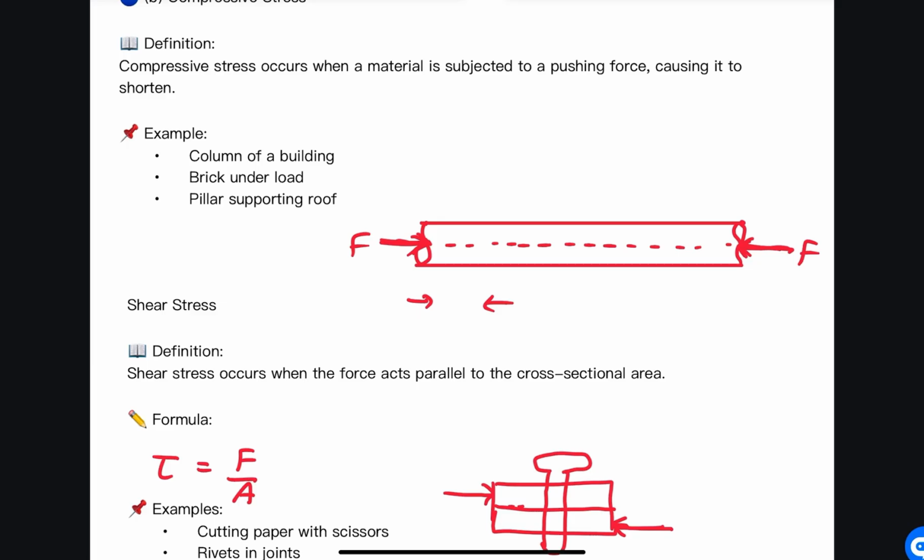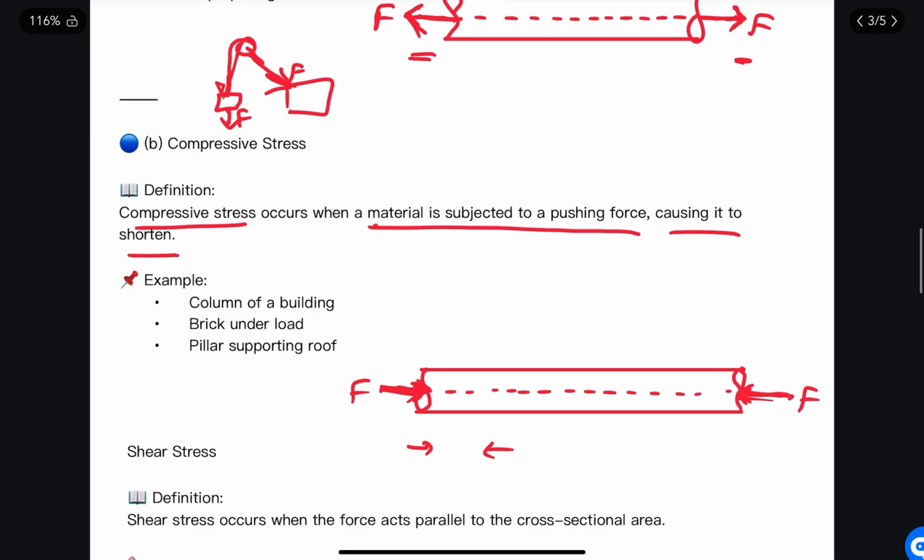It's the same thing with products. For a shaft, we are applying force from both sides in the inner direction, so it has compressive stress inside it. The definition: compressive stress occurs when the material is subjected to a pushing force, causing it to shorten. What does it mean?